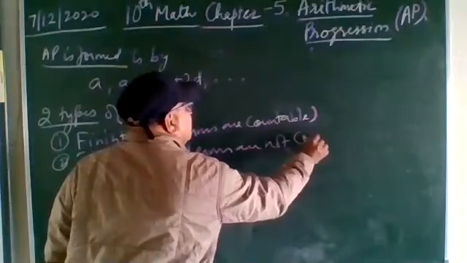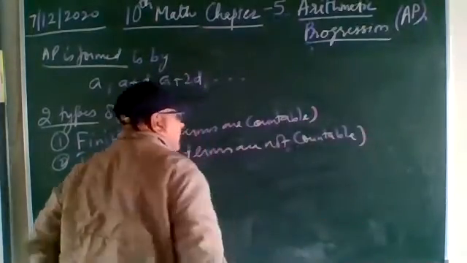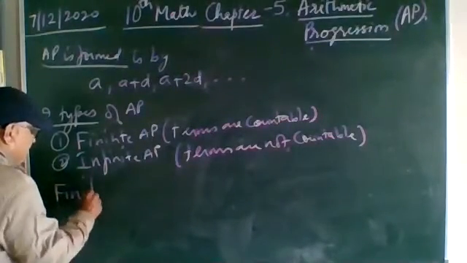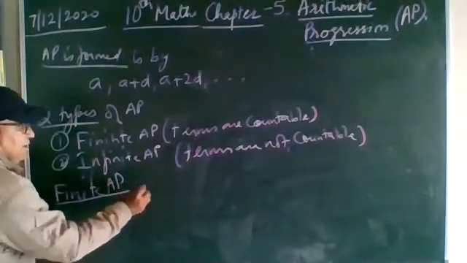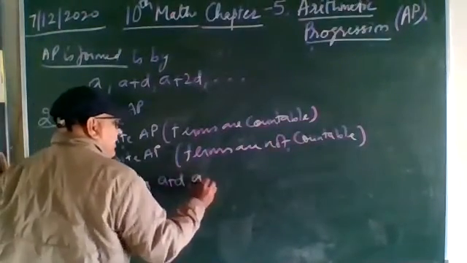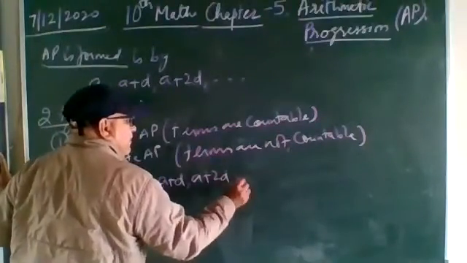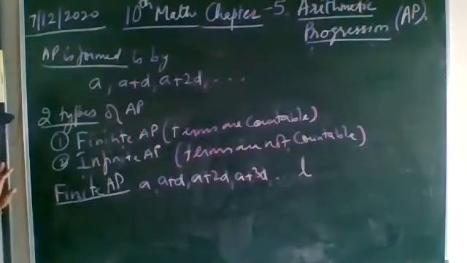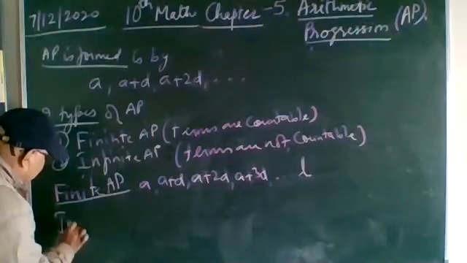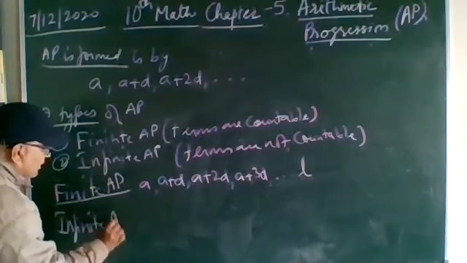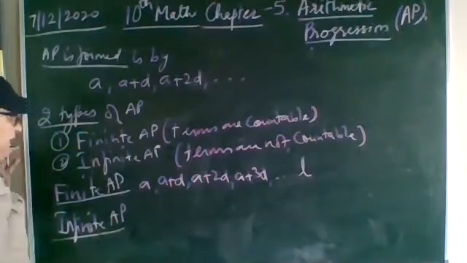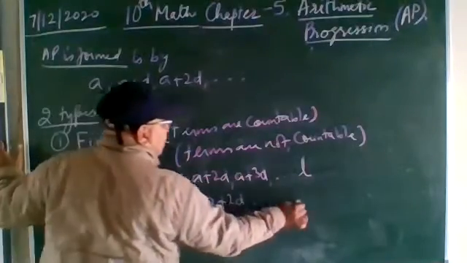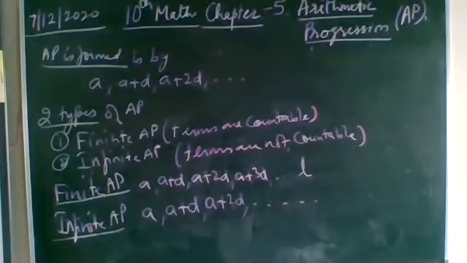Finite AP you can write as a, a plus d, a plus 2d, a plus 3d, and so on up to the last term. But infinite AP goes on as a, a plus d, a plus 2d, and continues.